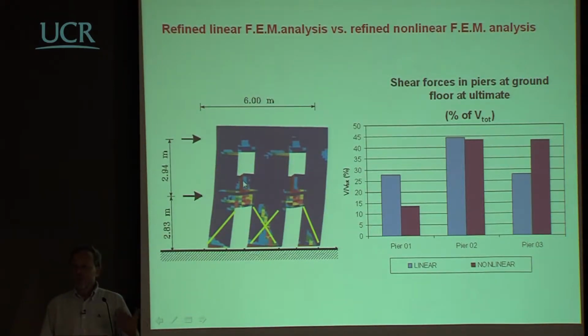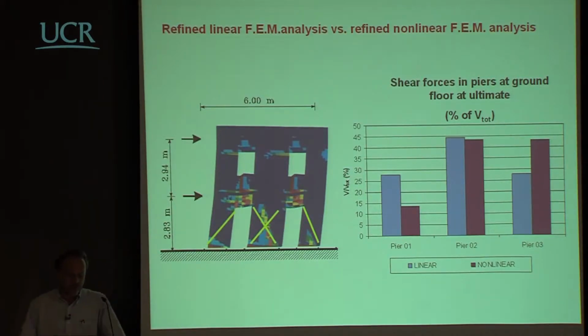And as Nigel was describing earlier this morning, it is obvious that in this connection part, there will be a larger rotation capacity than in the vertical wall. So the damage will occur first here and here, most likely, unless you have a strong coupling made with concrete or with some tensile resistant material.